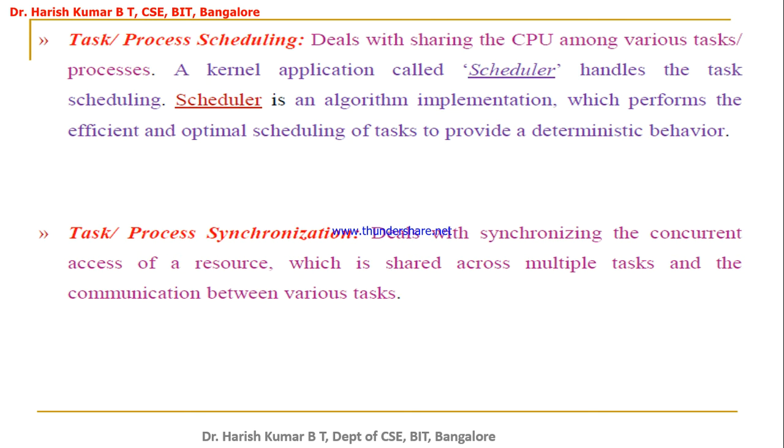Now the scheduler makes the decision which process should be allocated the CPU to execute next. This is again an algorithm implementation. There are many different types of schedulers: first come first served scheduler, priority based scheduler, round robin scheduler, shortest job first scheduler.